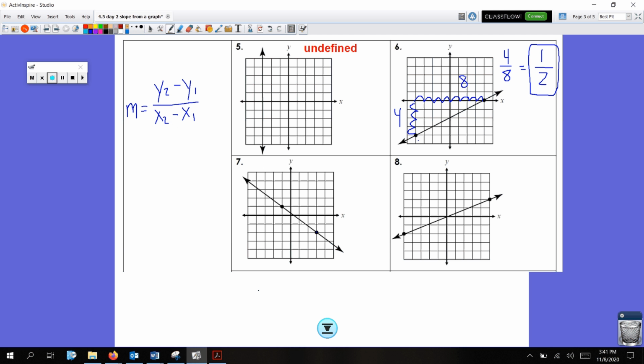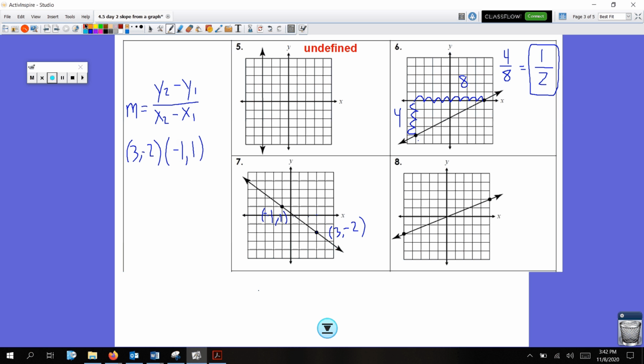This is 1, 2, 3. So this is the point 3, negative 2. My second ordered pair, my x2, y2, is right here. That is negative 1 for x and positive 1 for y. Okay, so it was negative 1, positive 1.